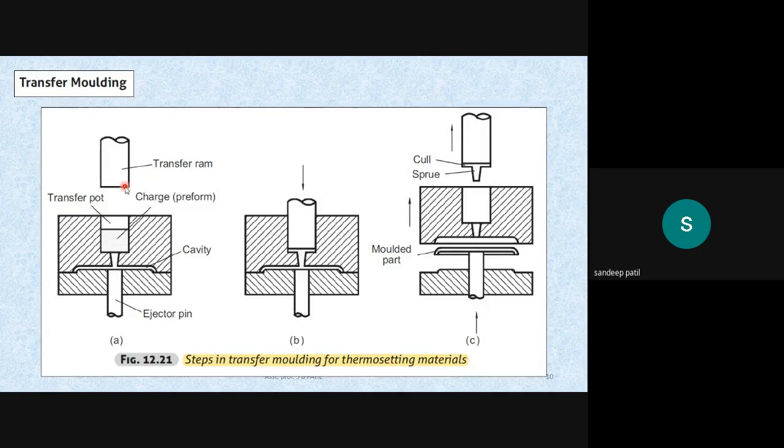That heated and compressed, preformed charge is put here in this transfer pot, and then it is injected. When it is injected, it goes into this particular shape, and then we get this molded part, and for that we require this ejector pin. The role of the ejector pin is to take out the molded part.